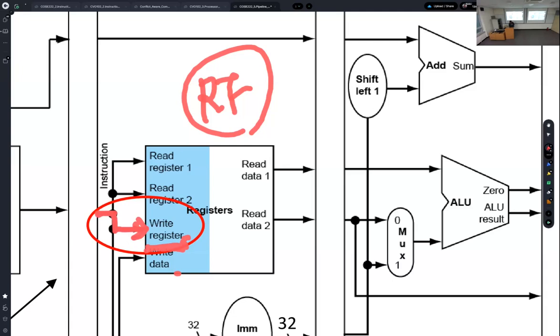But this instruction comes from the instruction fetch and ID pipeline register. Oh. What's the problem?